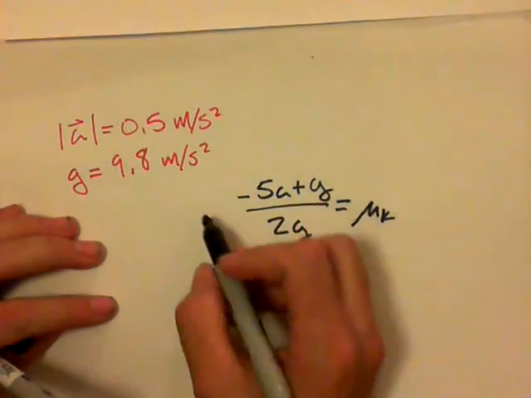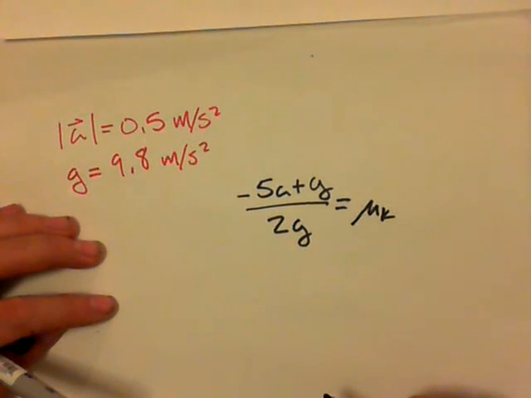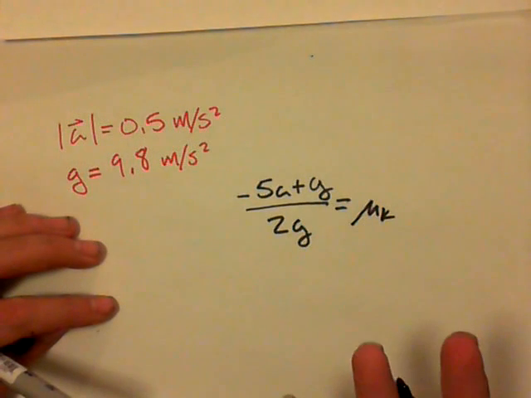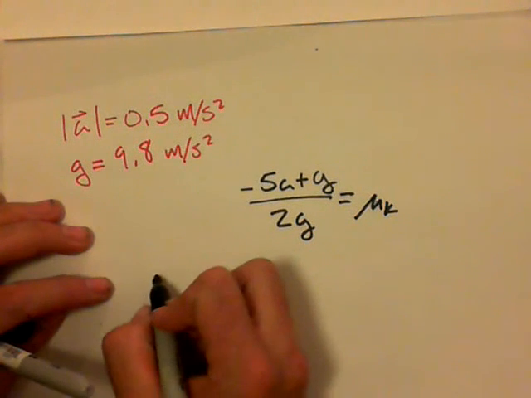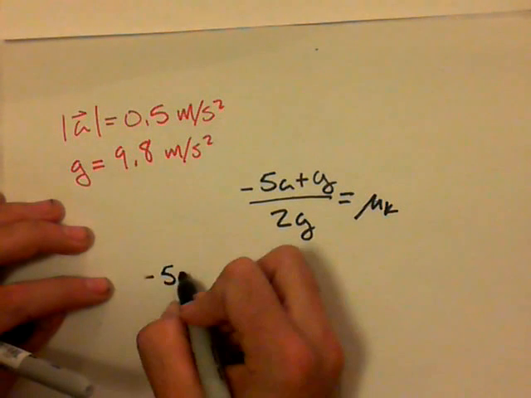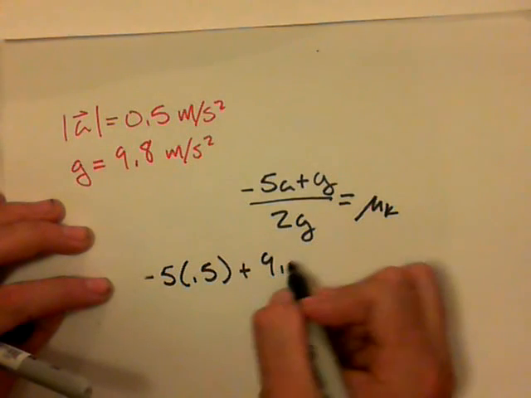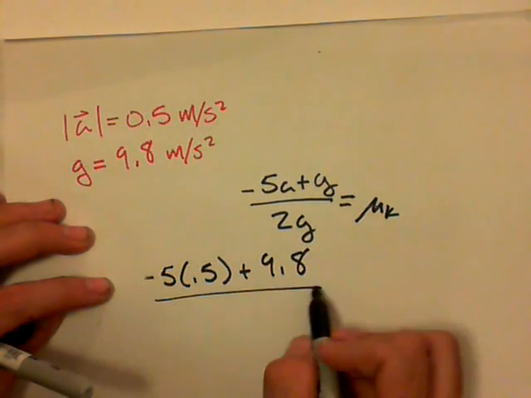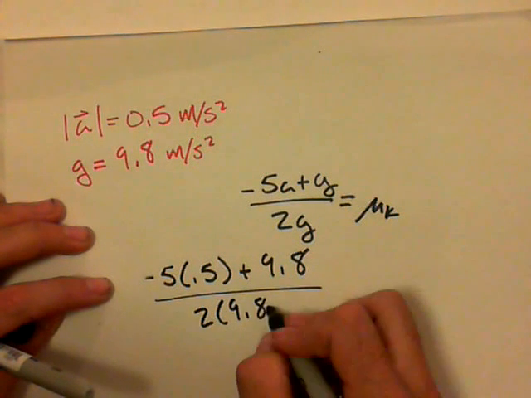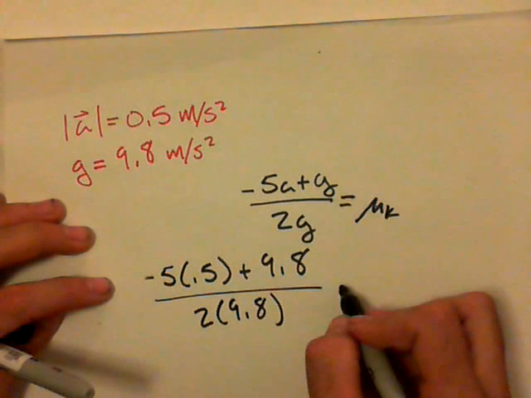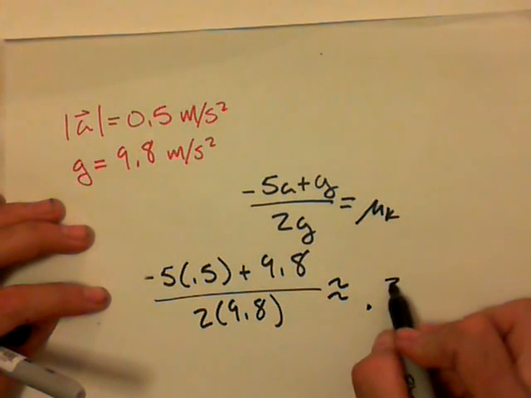And this is really the hard part, was getting to this, and not even getting the algebra. Really, it's just the setup. But it's the most dangerous part. The algebra is tricky, but it's not conceptually tough. So, by 2 times 9.8, which should give us somewhere in the ballpark of 0.37.